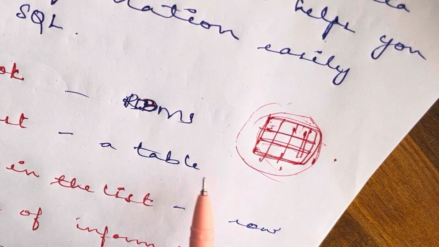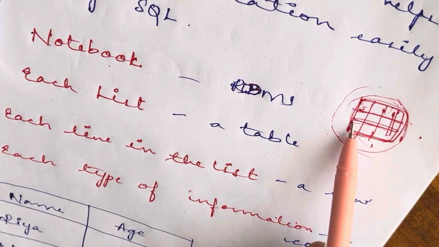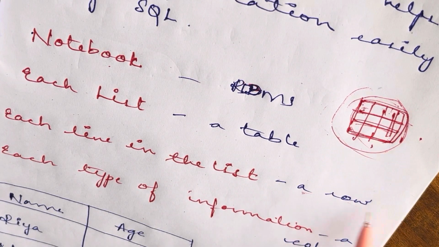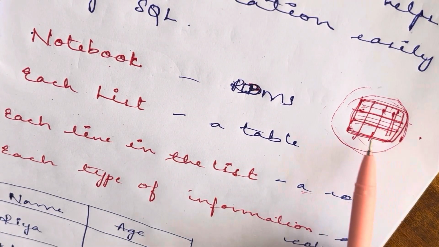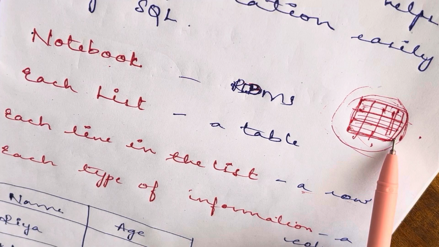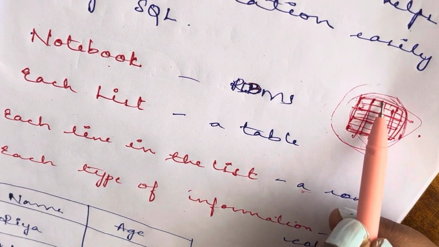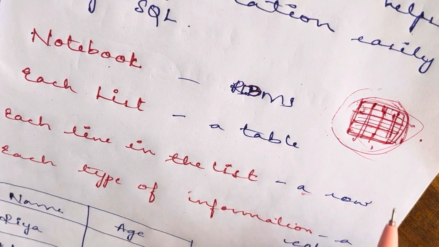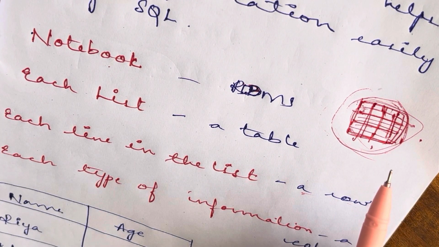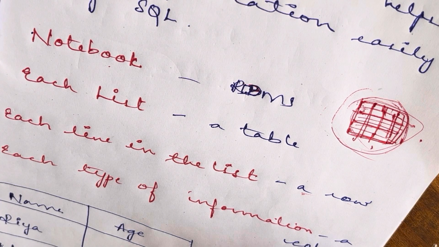So when you come to the RDBMS, each line in the list refers to a row. This is a row, this is a row, this is a row. And in this table you have different columns, each holding a type of information. As I said, you have 10 different lists in your notebook, and each list by itself will contain multiple kinds of information.